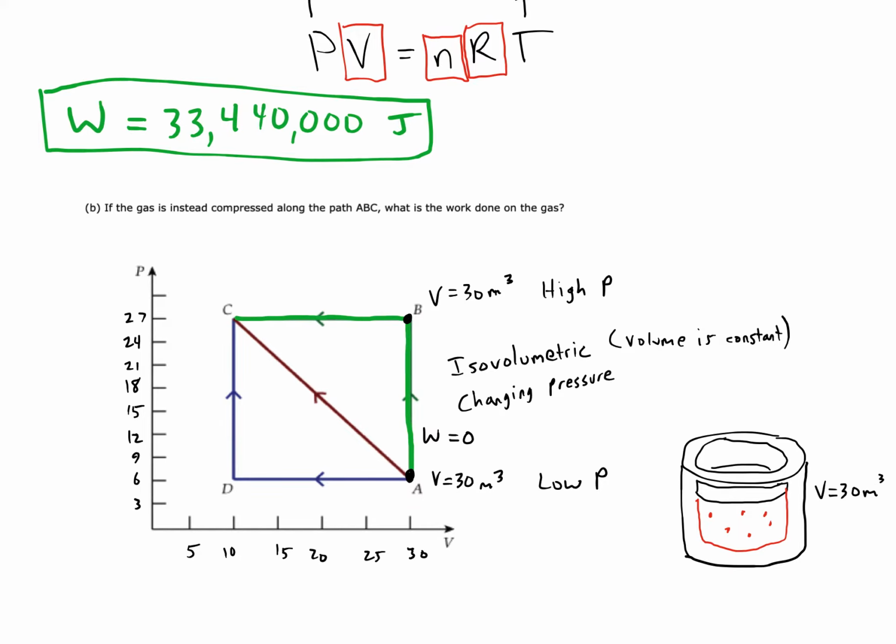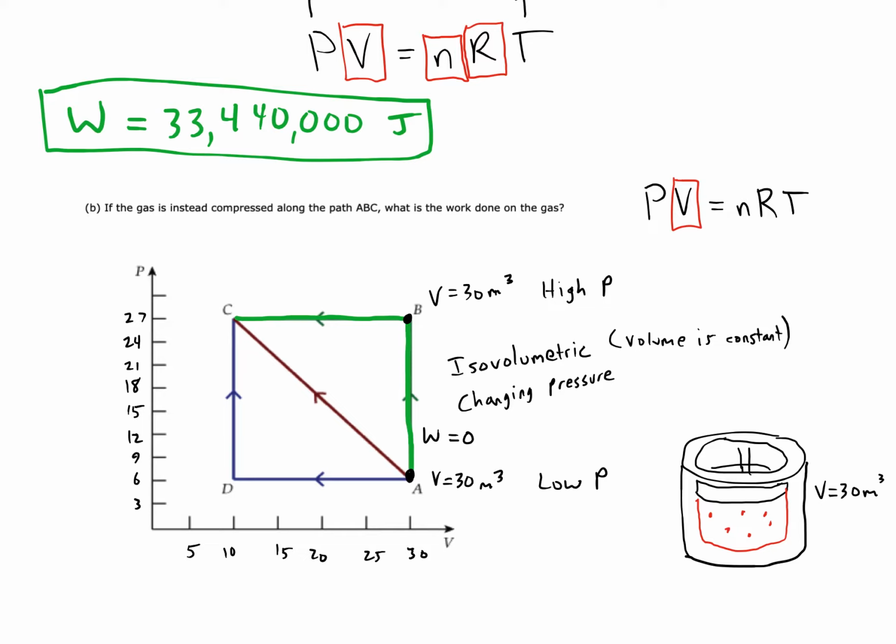But if you want the pressure to change, there's one thing you could do, at least according to the ideal gas law, PV equals nRT. You hold volume constant. The piston here is locked in place, so it's not going to go up or down.